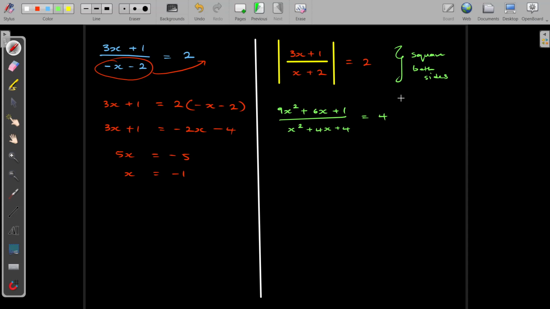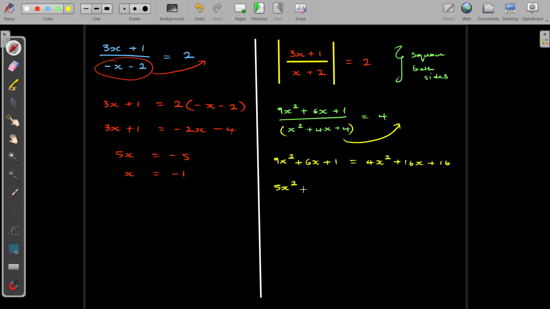So now we're going to transpose this over here. So we're going to have 9x squared plus 6x plus 1 is equal to 4x squared plus 16x plus 16. Alright, so now we'll do some transposing.